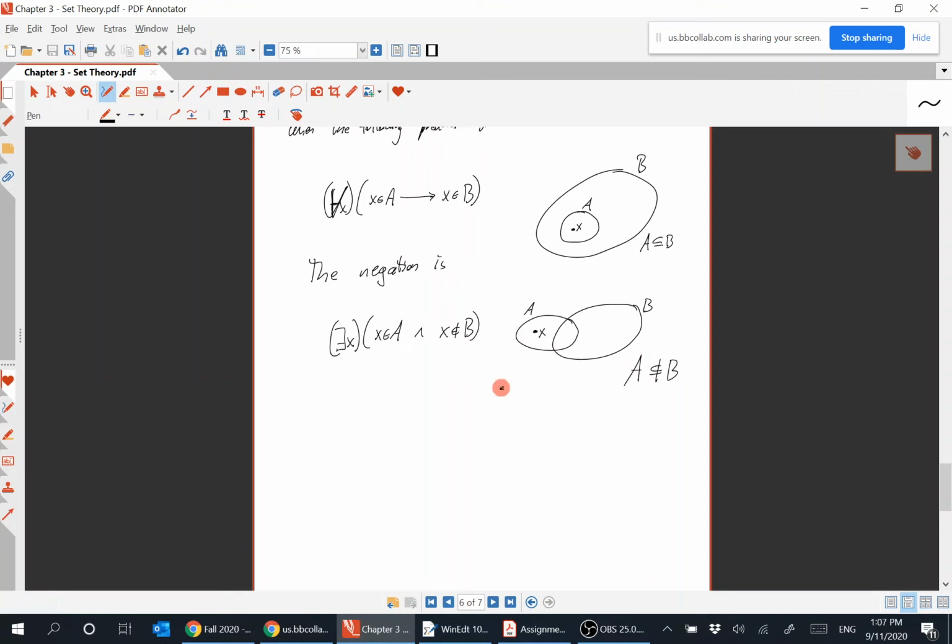If you're looking at an element out here, it's neither in A nor in B. It should have no bearing upon whether A is a subset of B or not. So this shouldn't be false, and this should be true.